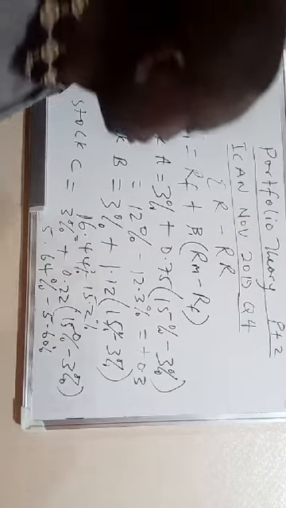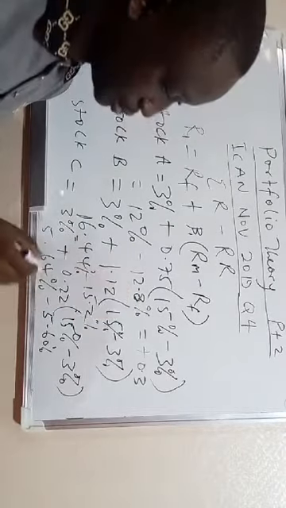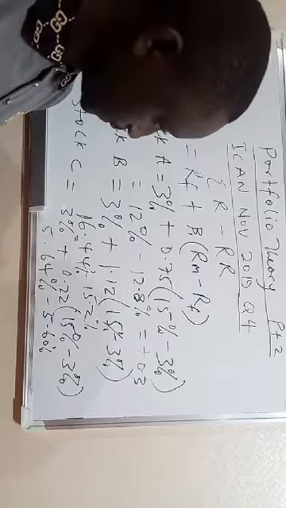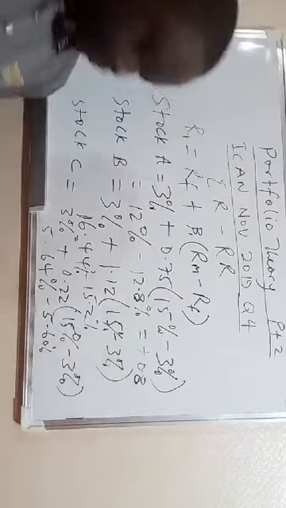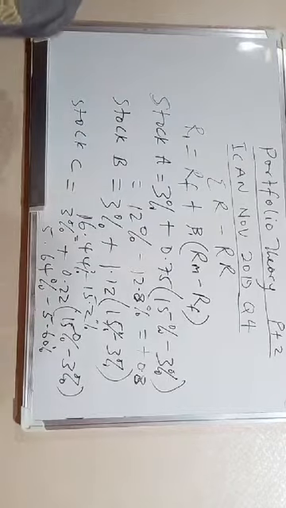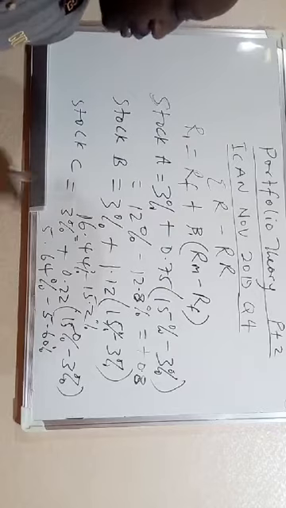Okay, this is 12.8, sorry, from the question, 12.8. So this is supposed to be 0.8, positive. Then this is 16.44.